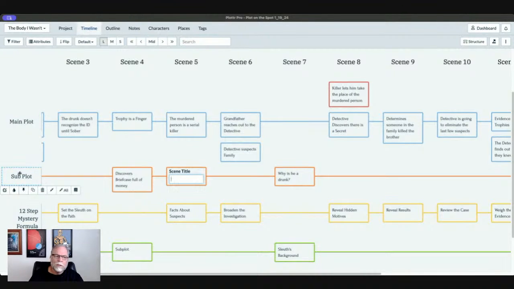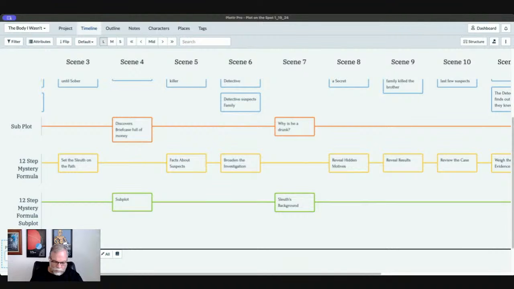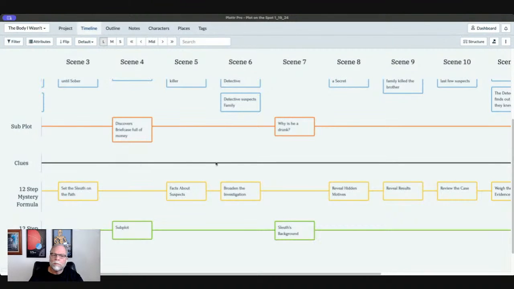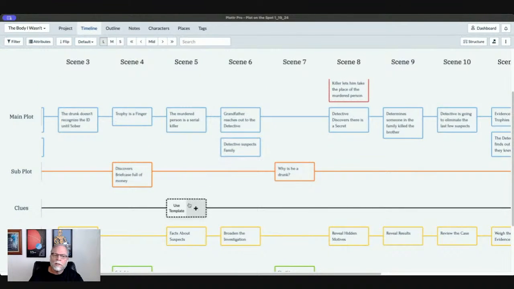So what we could do here is add a plot line for clues, which is what I often do with mysteries. We may not have time to add all of them that we need here, but we can do something like this: we introduce a lover to the deceased, but we don't see her identity.